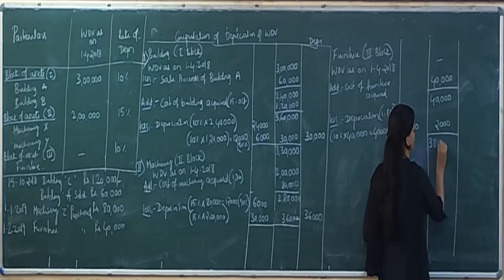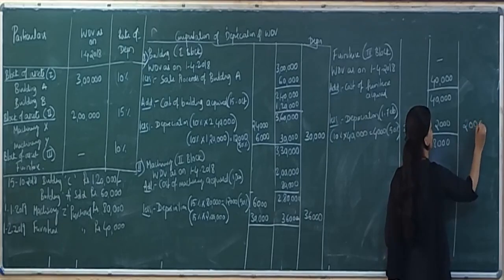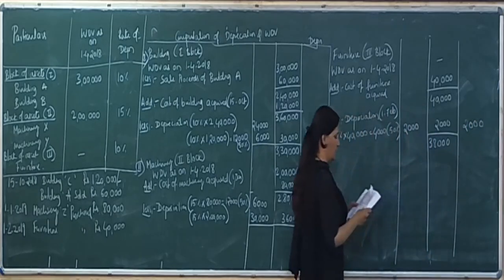So amount 40,000 minus 2,000, 38,000, and the depreciation amount being 2,000.